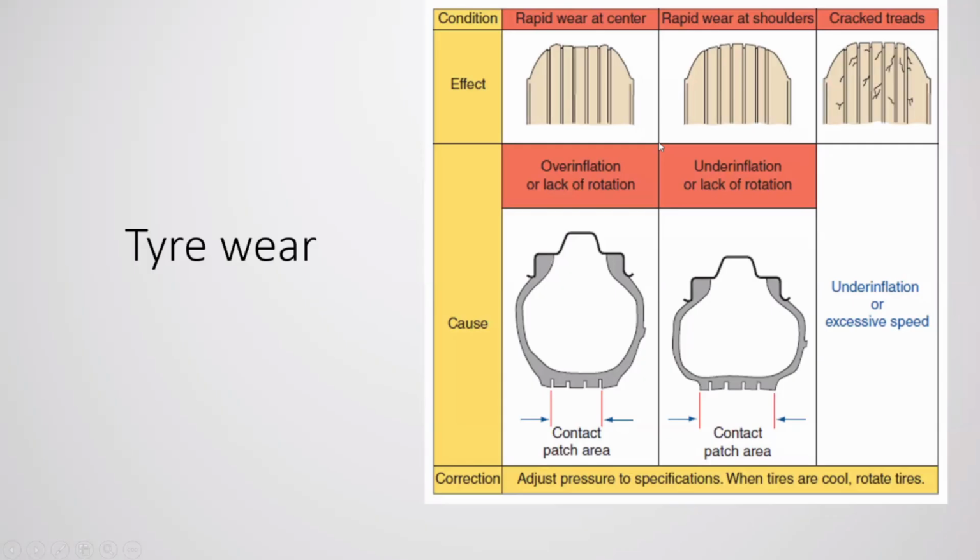there are some special cases like cracked threads, right? As you can see here, we can see some cracks in the tire. Doesn't matter whether the inflation pressure is higher or lower, or excessive speed or lower speed, there will be some cracks, right?